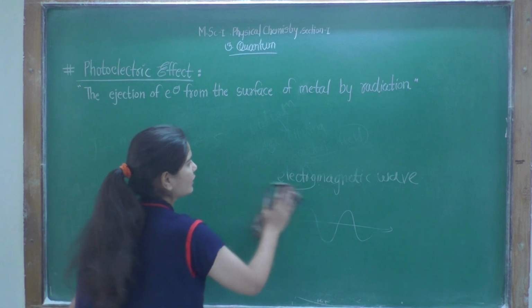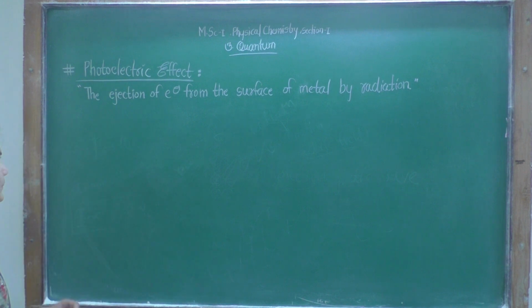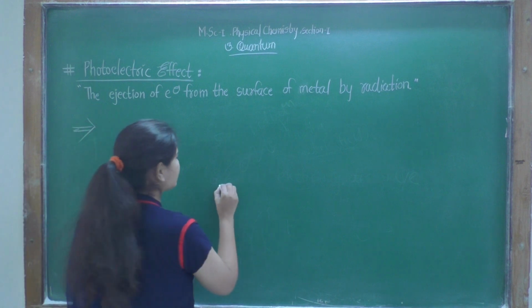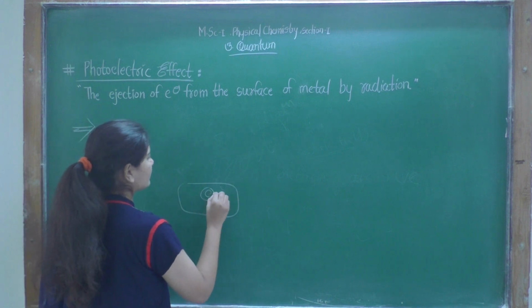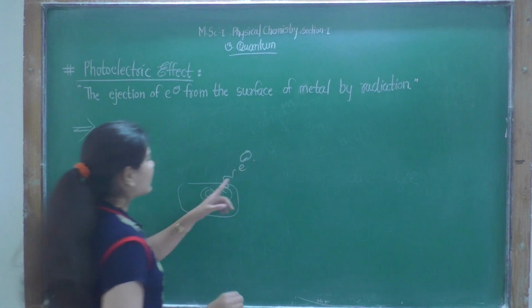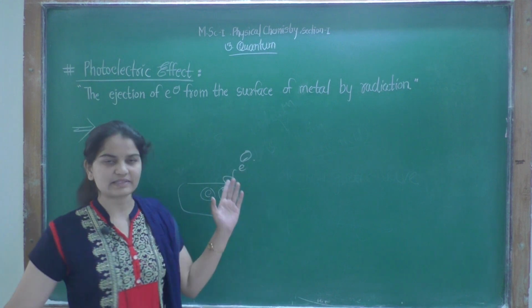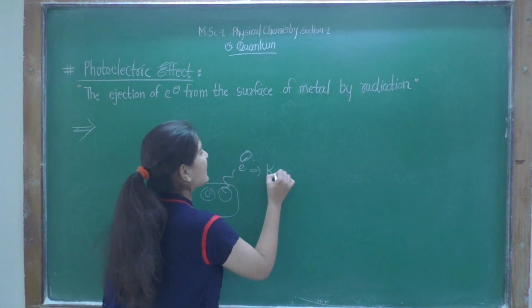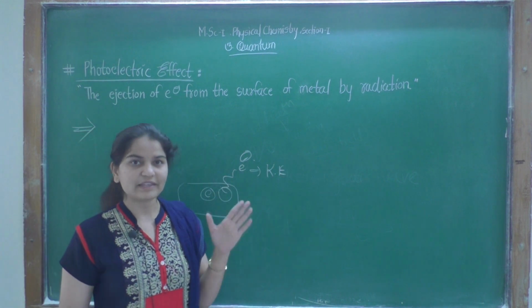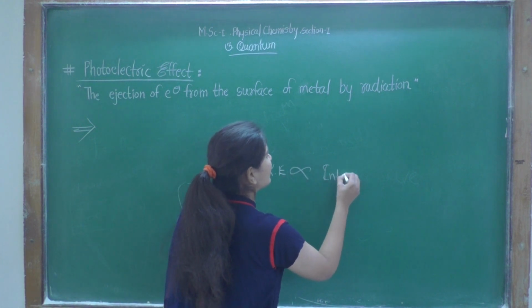But see, what is the result of this? This explanation shows that, as the electron is ejected from here, it will have some kinetic energy, right? As it is in motion, it has some kinetic energy. And according to classical theory, its kinetic energy is directly proportional to the intensity of radiation.